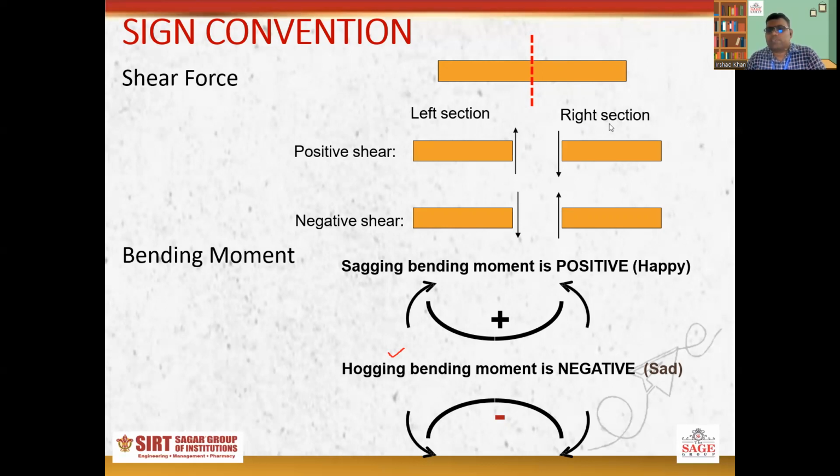You have to follow this simple sign convention every time we solve numericals in the coming classes.